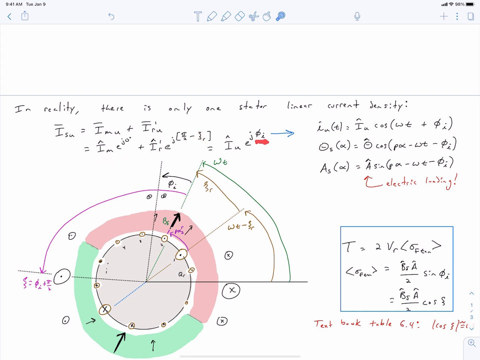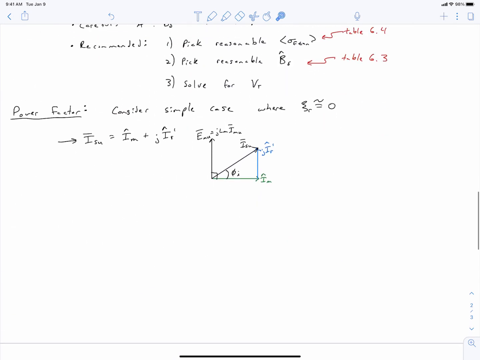And so phi is the angle of our final stator current relative to the magnetizing current. And we can see that in this case, we've got our magnetizing current on the horizontal axis. Our rotor current referred to the stator is rotated 90 degrees, so it's going upwards. And we sum these two components to get our total stator current phasor. And so this is at an angle phi.